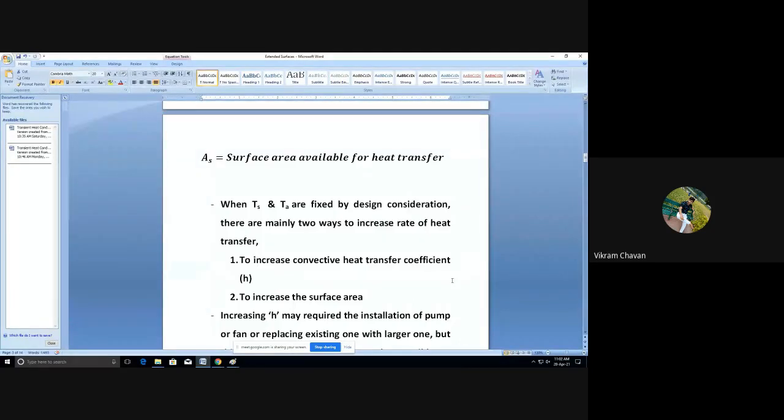First one is by increasing the convective heat transfer coefficient, and the second one is by increasing the surface area. Okay.